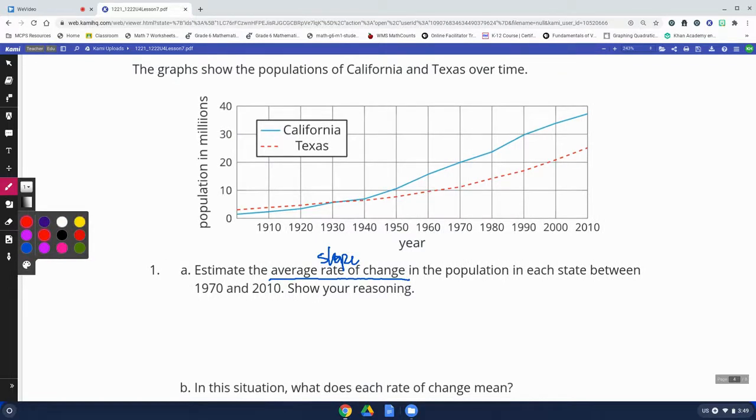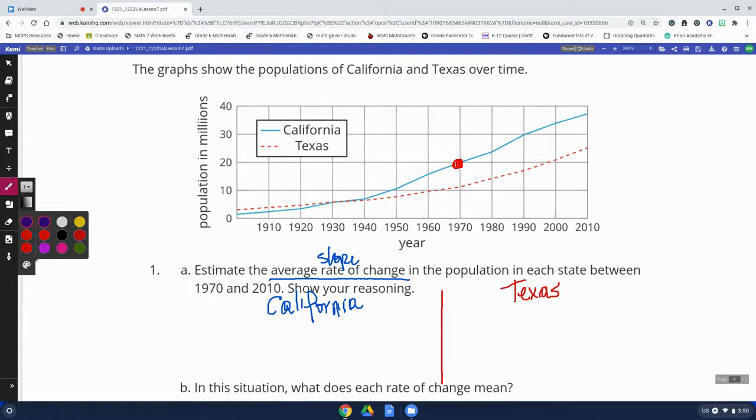So let's do California, and Texas. Okay, so California between 1970.